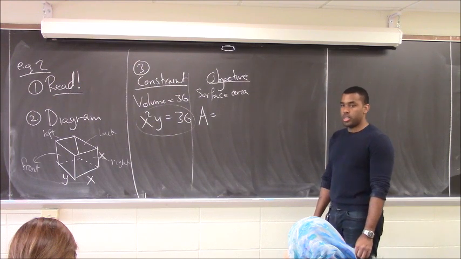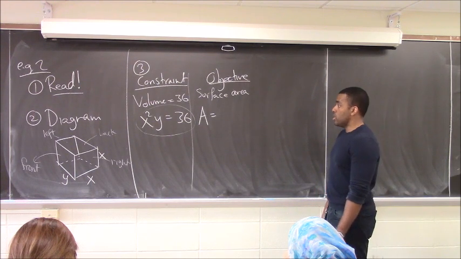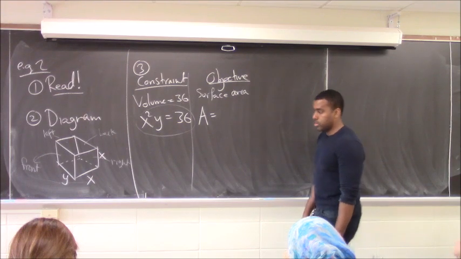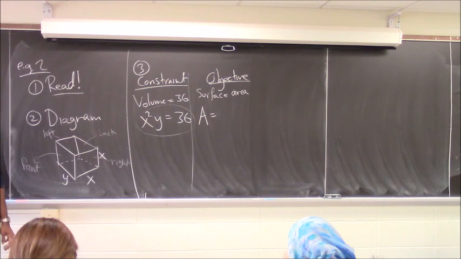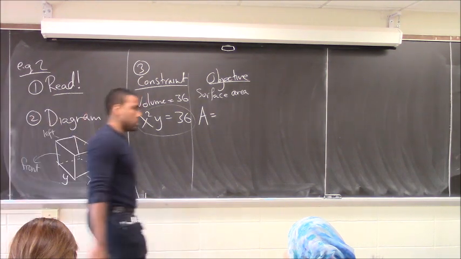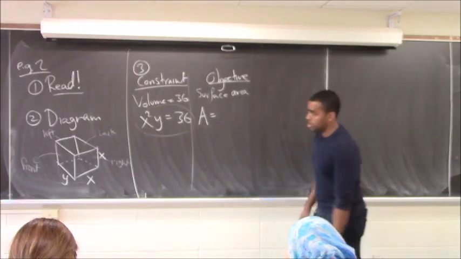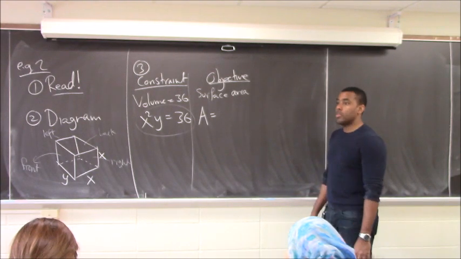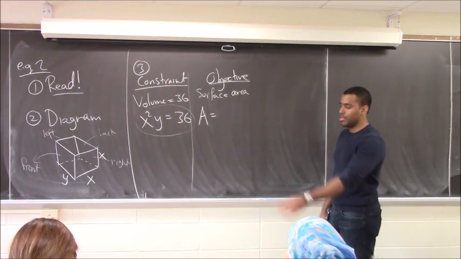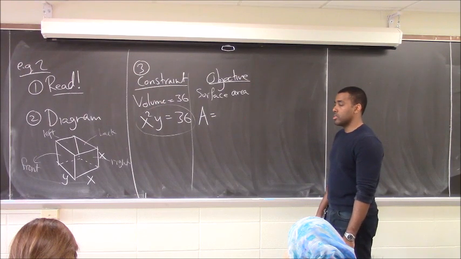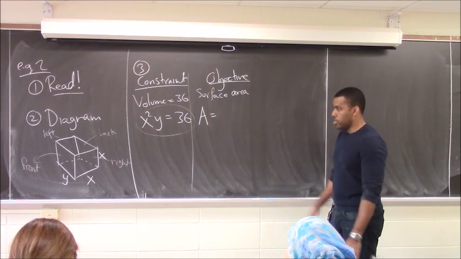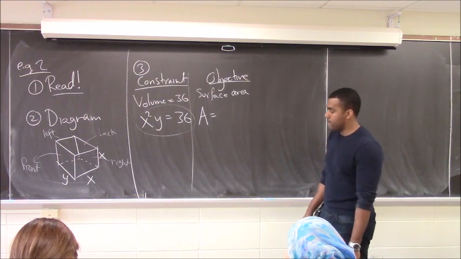How do you find surface area? Is there a bottom on this box? Yes, there's a bottom. There's no top. Okay. So it's an open top box. Yeah. So you just have all the faces, so what would we get?